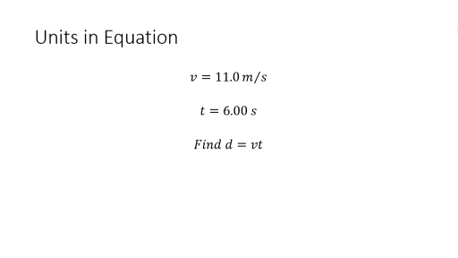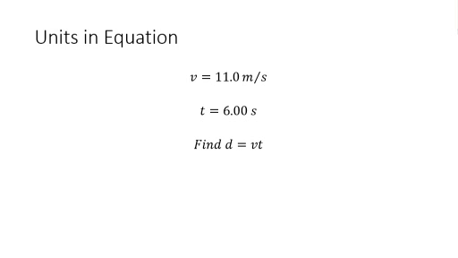Alright, so now units and equations. If we have something like v, velocity, equal to 11.0 meters per second, and time equal to 6.00 seconds, and we want to find d equals vt, the distance. What we would do is just plug in these numbers.